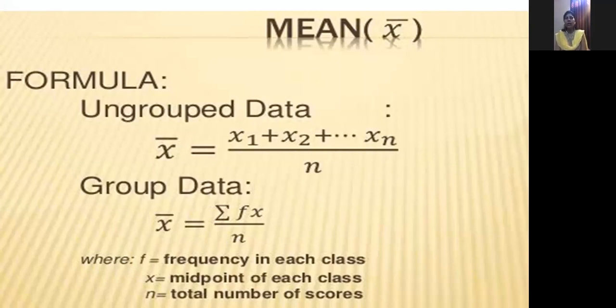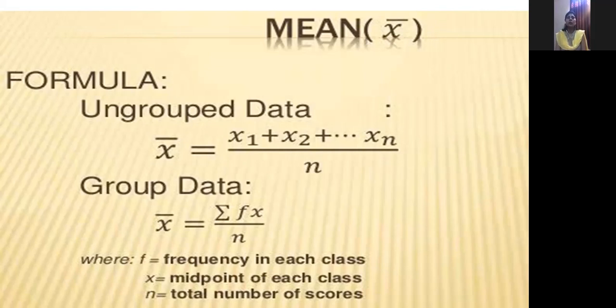What is x bar here? X bar represents the average, and this is called the mean. To calculate a mean in ungrouped data, first we add all the observations given, and then we divide the sum of all observations by the total number of observations.